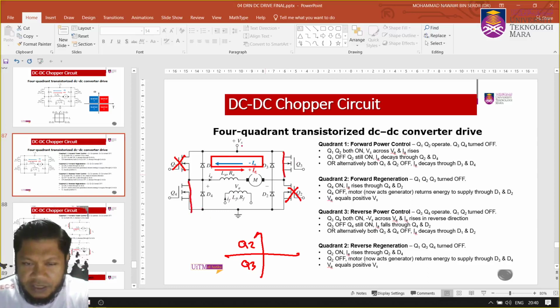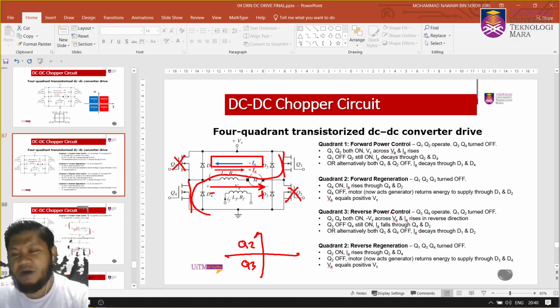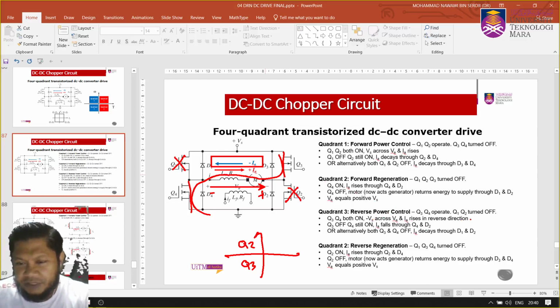Therefore the voltage is negative, so that is your VA, positive, negative now. Reverse, and therefore the current flows in that direction. So it is known as reverse power control, and the current rises in the reverse direction.